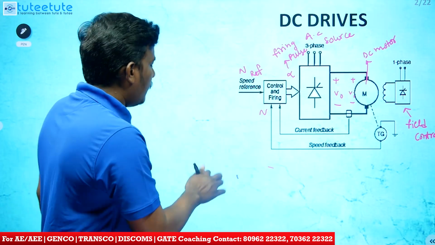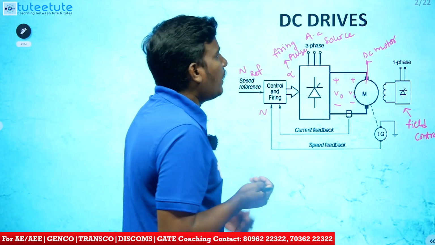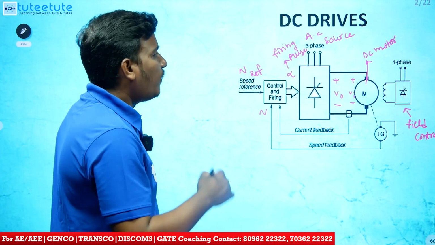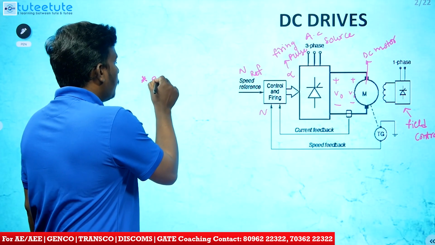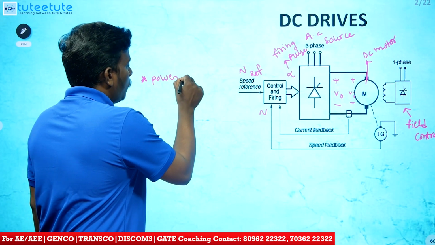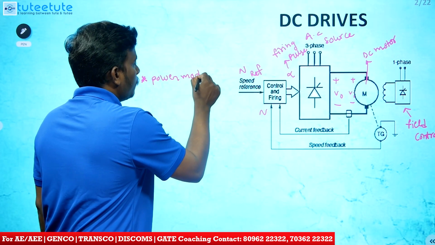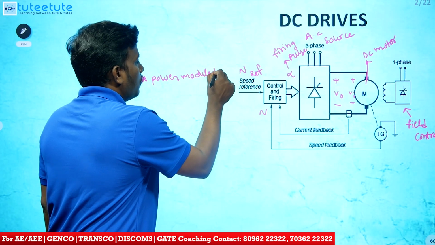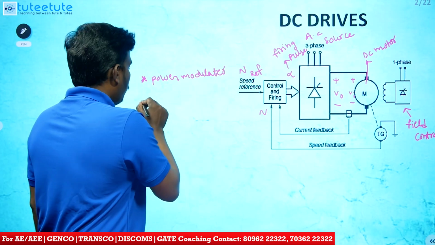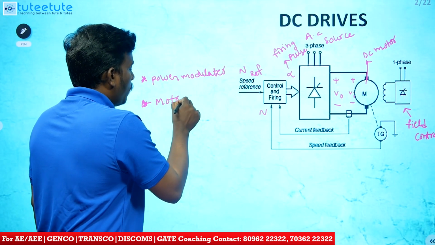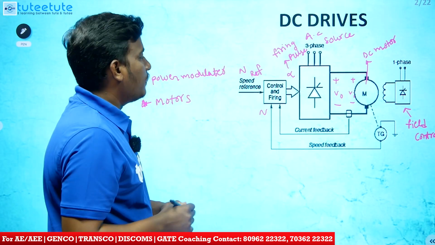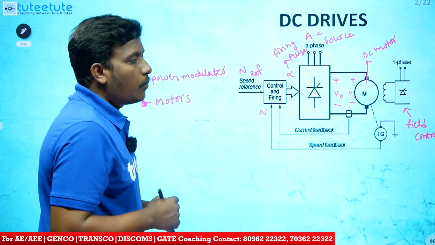If you observe the schematic of a DC drive, what are the different major equipments? First one is the power modulator. Second one is the motor. The basic apparatus we use in our DC drive are the power modulator and motors.